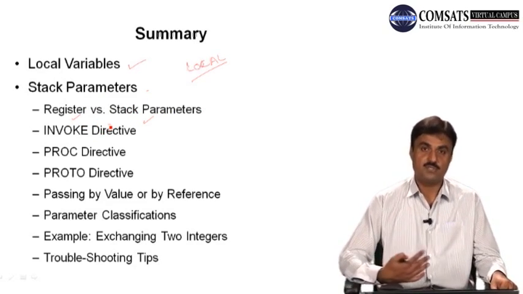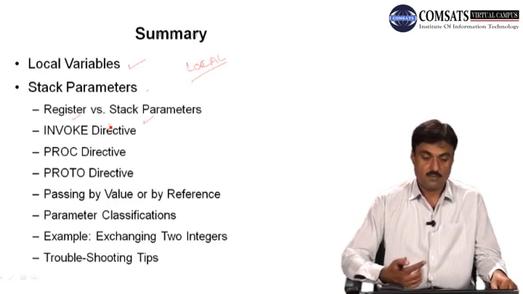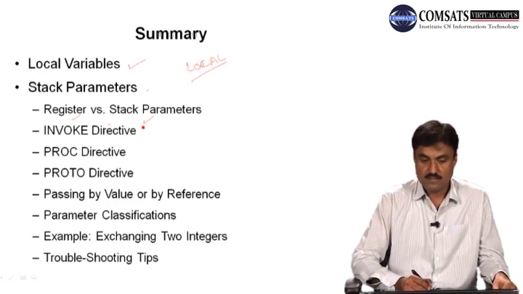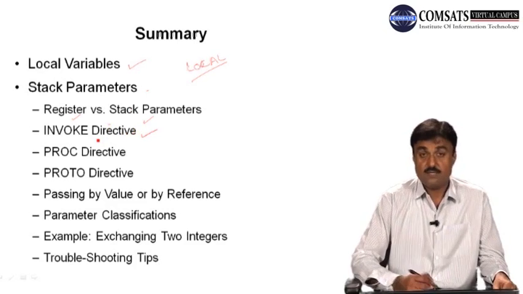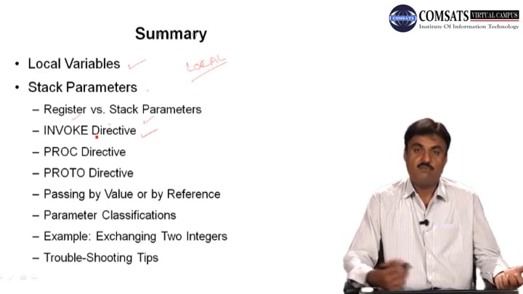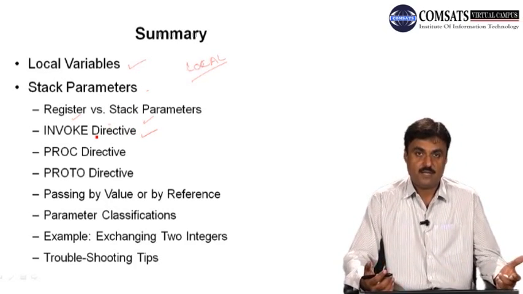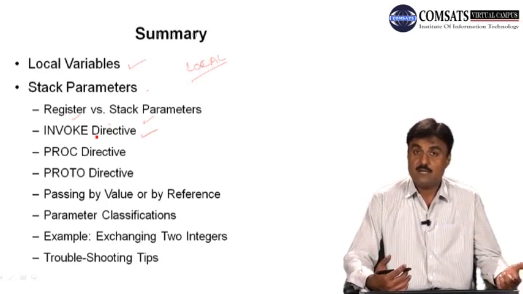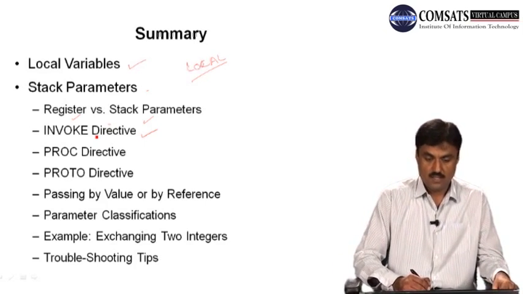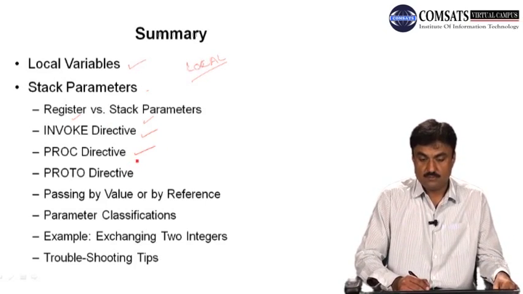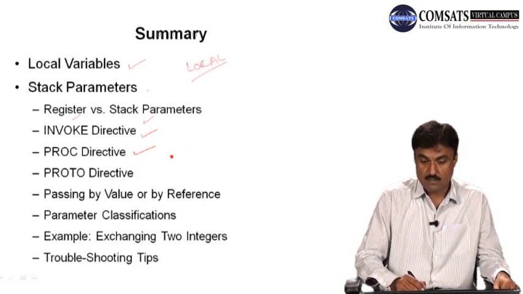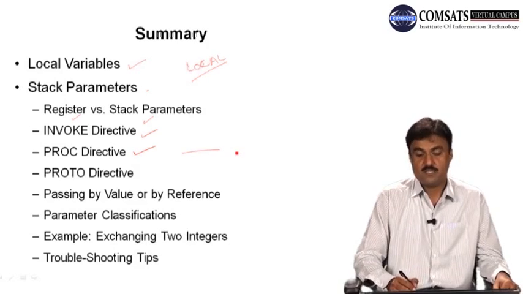Stack parameters are simpler and more convenient than register parameters. Then we can use the invoke directive instead of the call directive. The invoke directive gives us access to directly pass arguments. Then the procedure directive, which we can use along with the list of parameters.